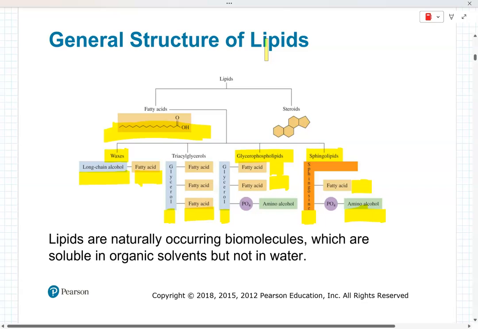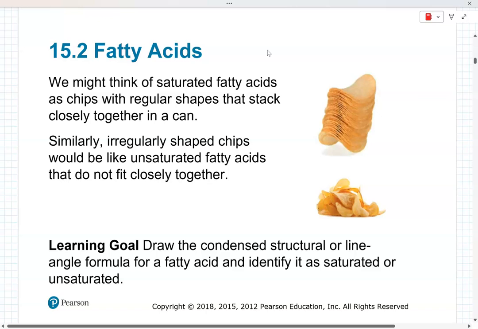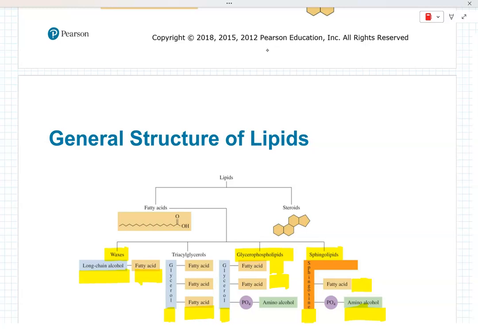Lipids are super common in biological systems, okay, and the fact that they are not soluble in water is actually very important for their function. So we're going to start with the fatty acids. I'm going to scroll back and just remind you what a fatty acid is, okay?